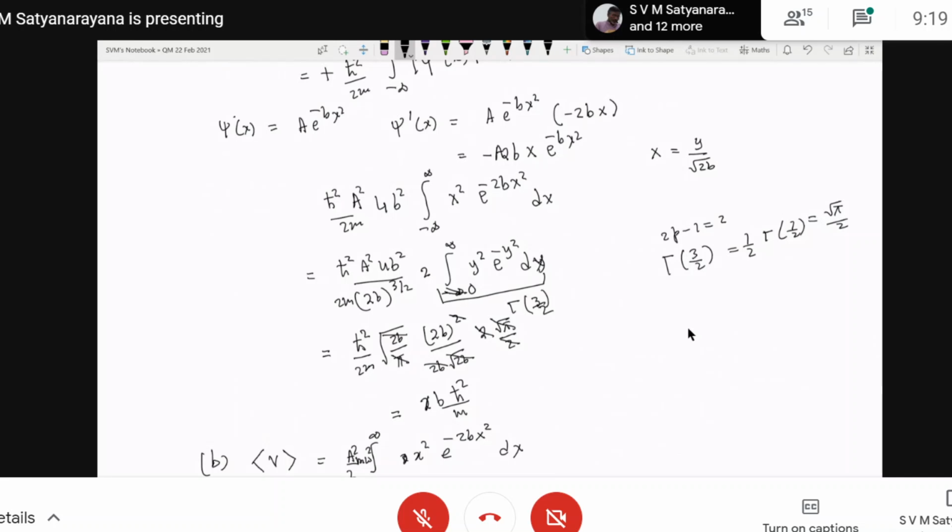This is the definition of the gamma function. Okay, so I have written this 2. So including this 2, it is gamma of 3 by 2. So I should not put 2 here. You follow, no? So gamma of 3 by 2, which is root pi by 2.